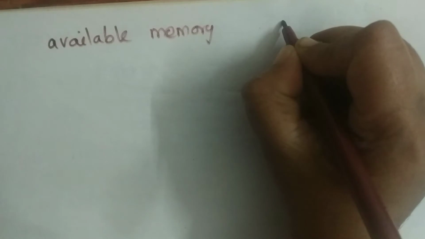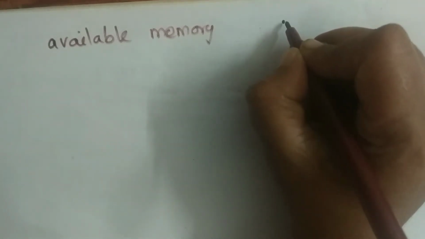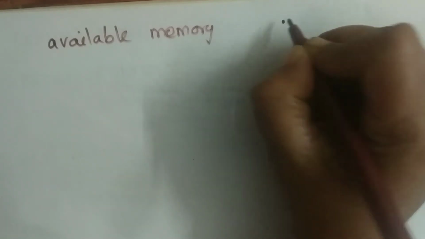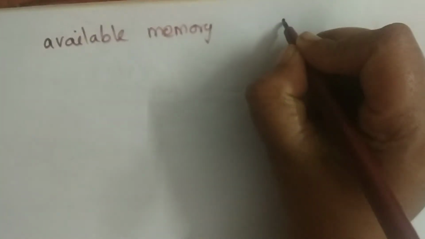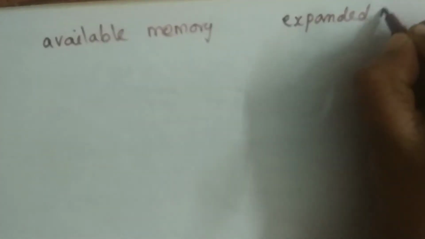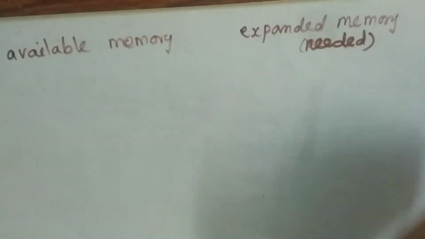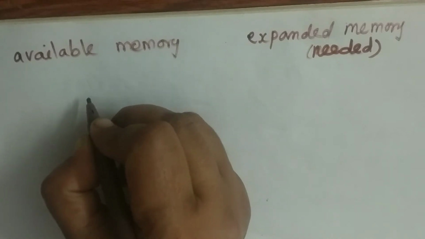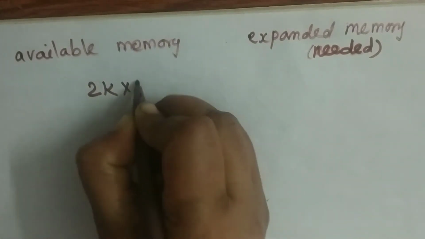So available memory and expanded memory, it means the needed memory. Available memory is 2K cross 16.